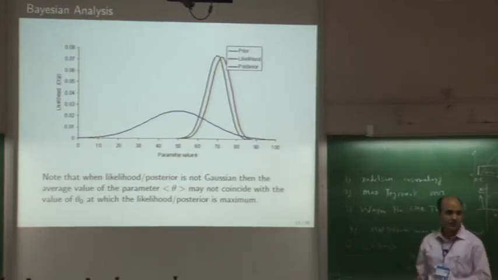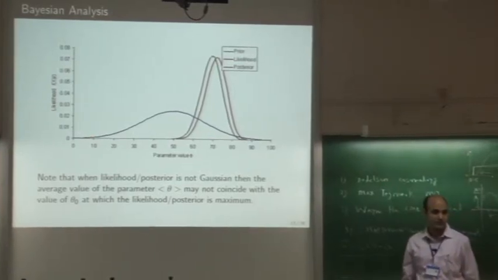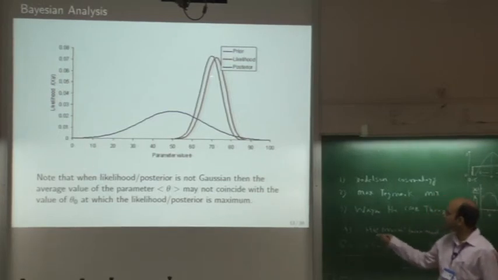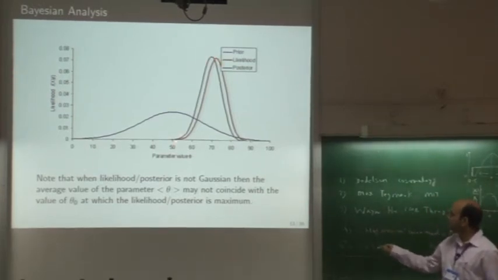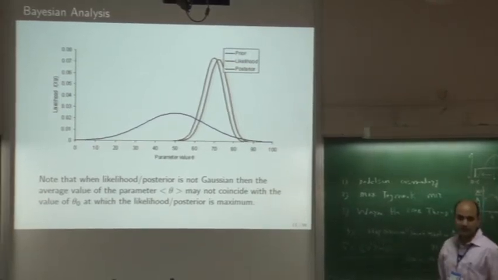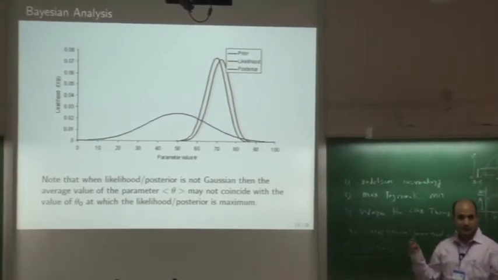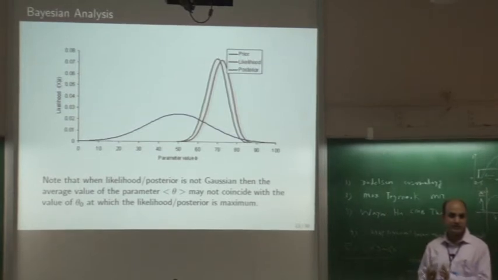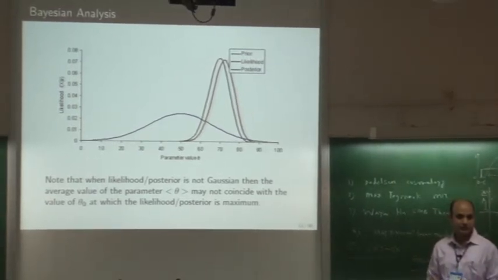The data we have completely rules that out. You can see this black curve is just falling here, it has almost zero value here and here. So that is the purpose of an experiment, to reduce the uncertainty. That's all we want to do.